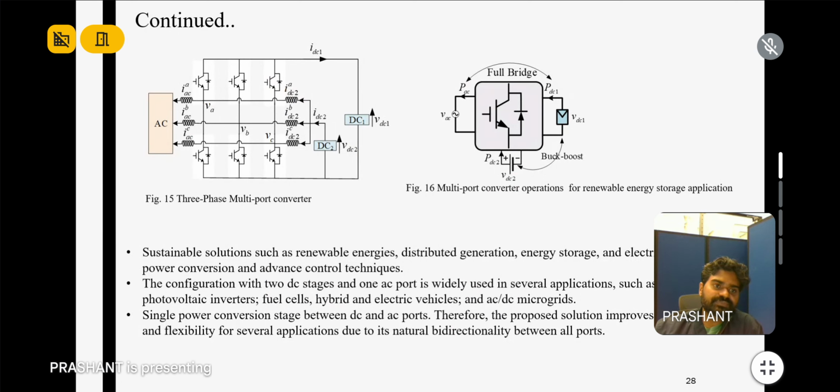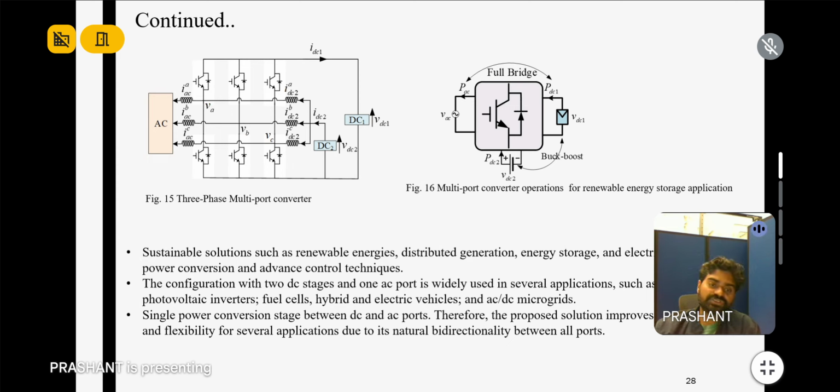So this converter is giving supply to the AC motor, but at the same time, we have different DC ports here, DC1, DC2. This DC1 can be a battery, this DC2 can be a battery, or any PV or any EV charging stations. So in a single converter, we can integrate this AC, maybe grid, maybe motor, like that.